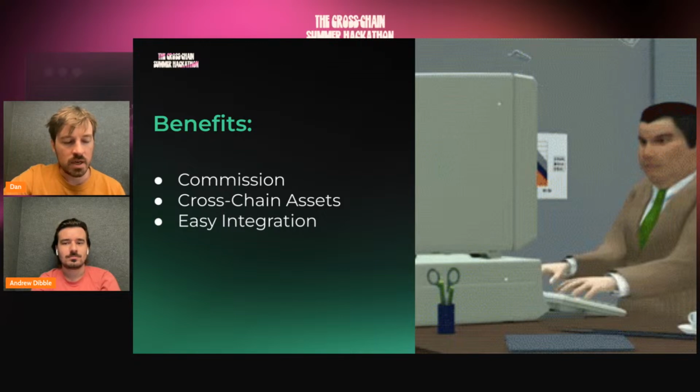But the key thing here is, yes, one integration, multiple chains, and then we'll be adding more. And speaking of integration, of course, as I mentioned, we want to make this all as easy as possible. To that end, we have developed an SDK, and Andrew's going to take you through that in a little bit more detail. So I'll pass off to Andrew at this point, and he will talk a little bit about the SDK.